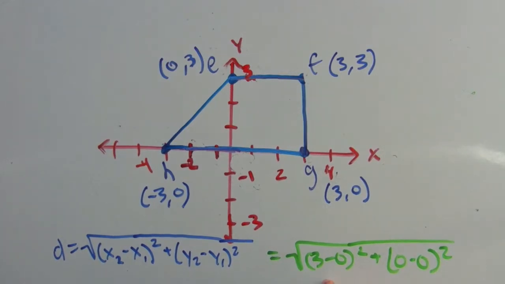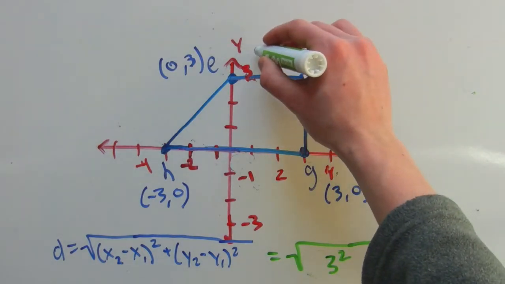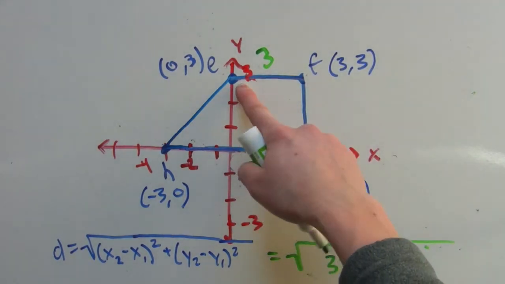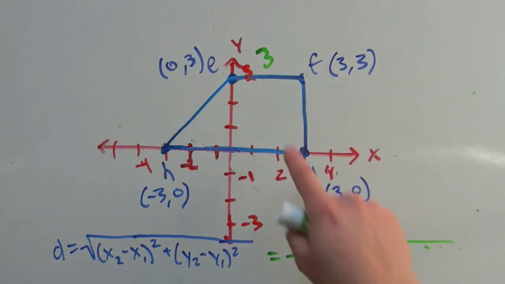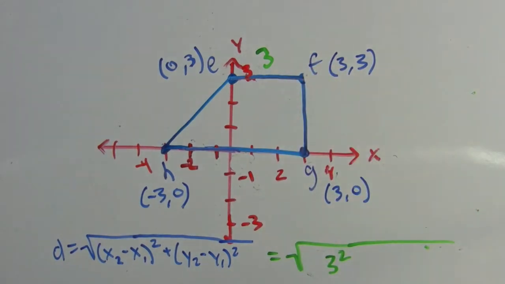So that's the square root of 3 squared plus 0 squared. And the square root of 3 squared plus 0 squared is just the square root of 3 squared, and we know that to be 3. So this distance from E to F is 3. You could also just count if you wanted to, since it's on the same horizontal line. 1, 2, 3 units over.